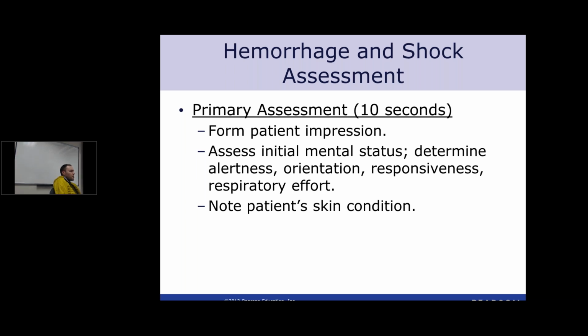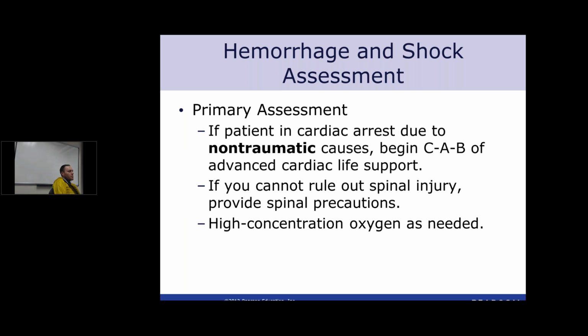The primary assessment, like you guys were saying, super fast. Initial mental status, you can tell really quick how their airway is, how the breathing is, how their mental status is with a couple questions, right? And as you're doing that, you're looking at their skin and you're getting that primary assessment done.